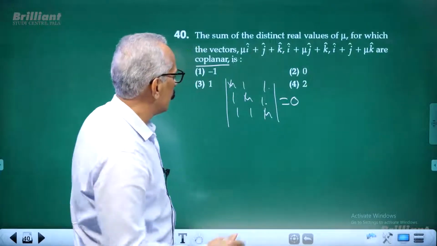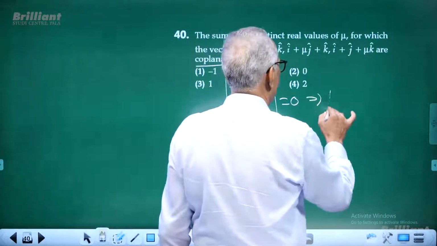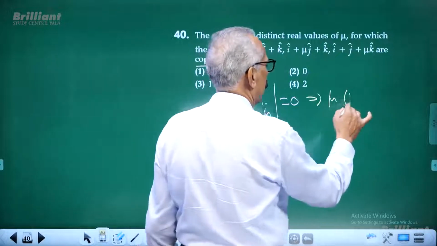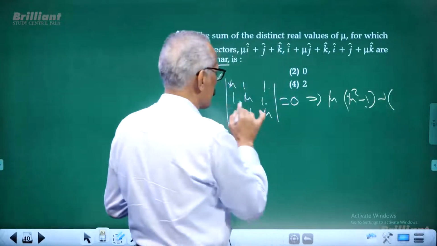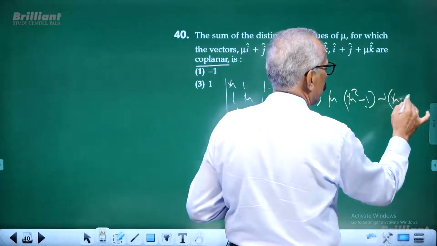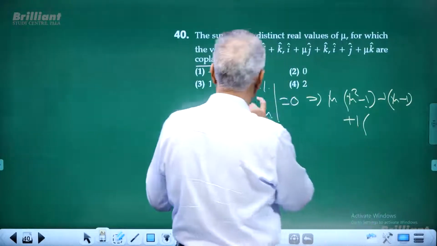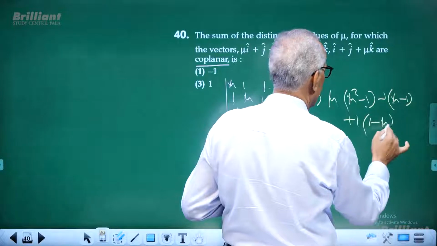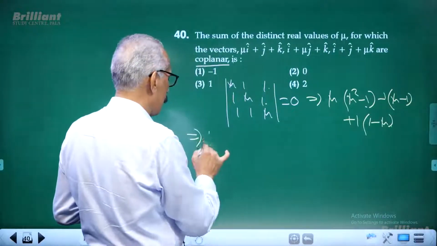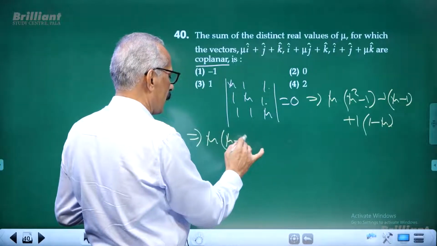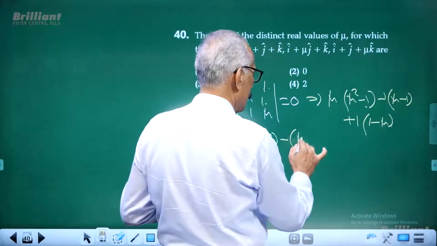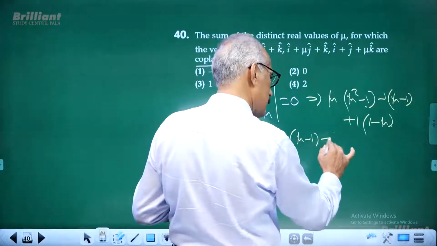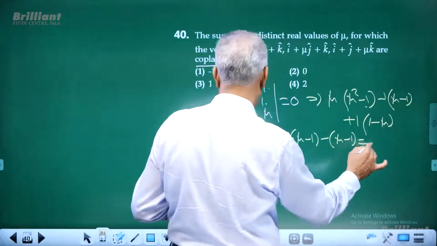Calculate. This implies mu into (mu square minus 1) minus 1 into (mu minus 1) plus 1 into (1 minus mu). So mu into (mu minus 1) into (mu plus 1), first one, minus of (mu minus 1), minus of (mu minus 1) equal to 0.